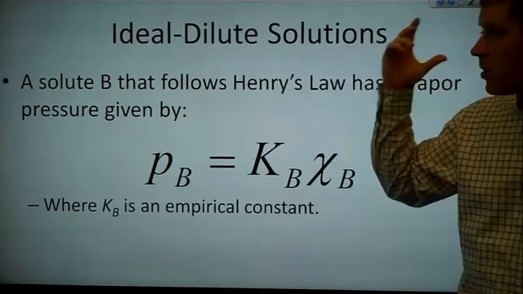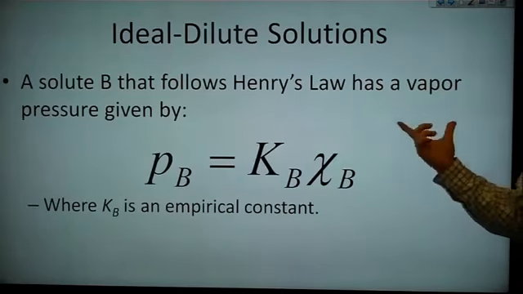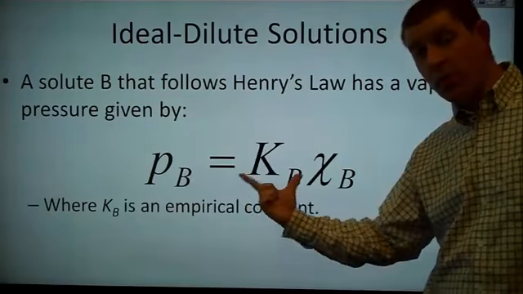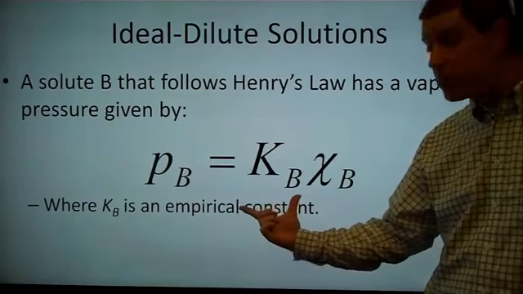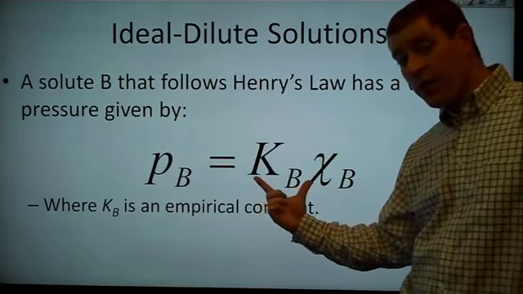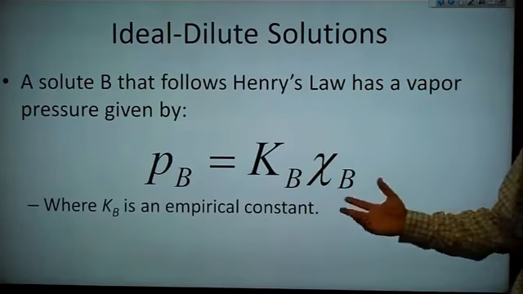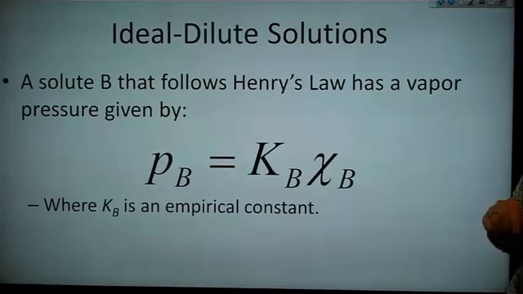Right, so for a solute B that follows Henry's law, it has a vapor pressure that's given by this. Remember, Henry's law looks really similar to Raoult's law, except we're changing the vapor pressure of pure B to be this Kb, this empirical constant that we find.